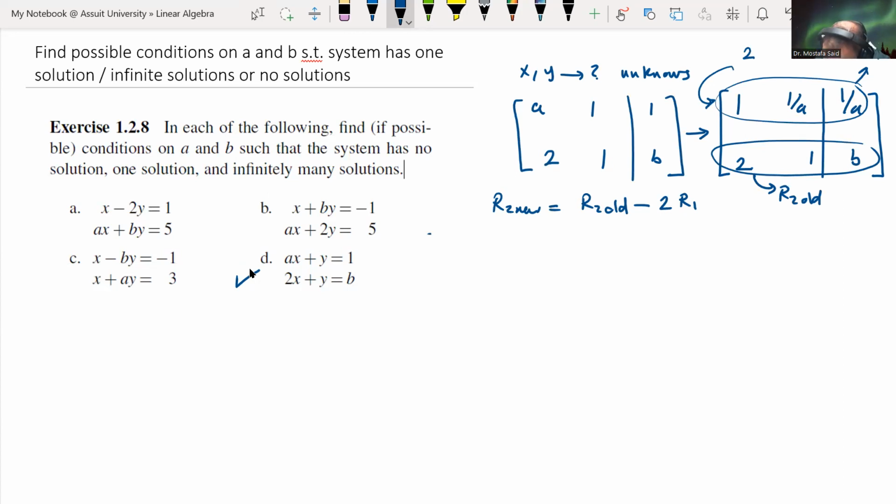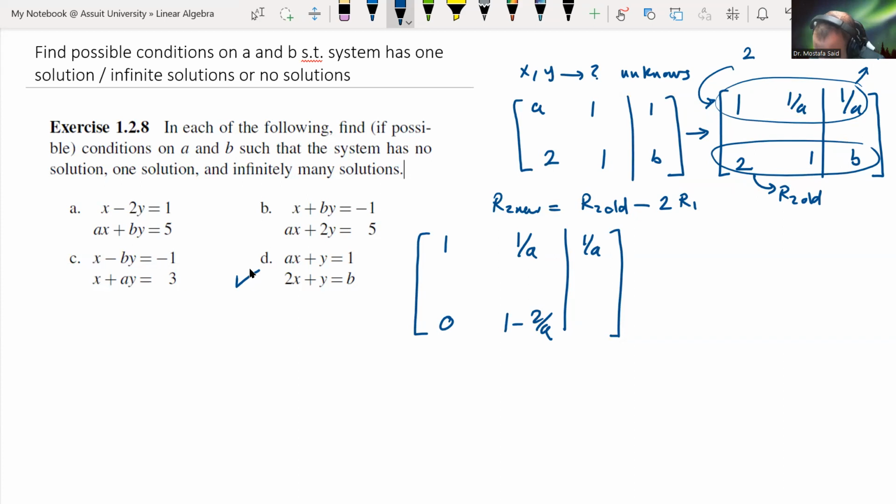So if we do that, what are we going to have? The first row will not change. The second row will be R2 new, which is R2 minus 2 R1. If you multiply 1 by 2, it will be 2, so 2 minus 2 will be 0. If we multiply 1 over a by 2, it will be 2 over a, so when we subtract, it will be 1 minus 2 over a.